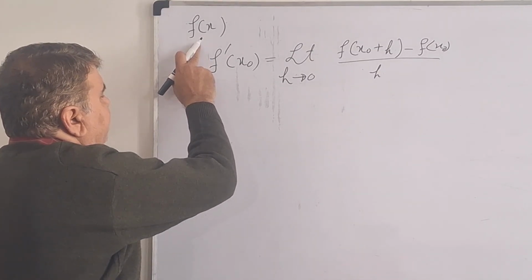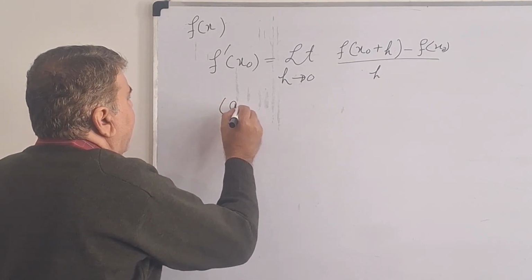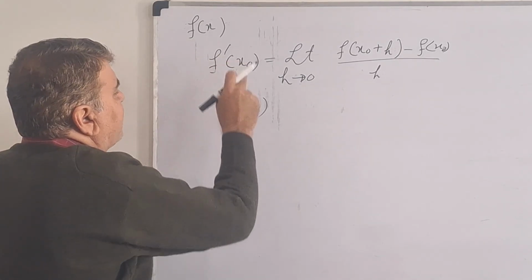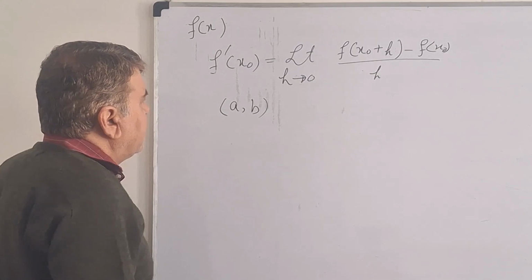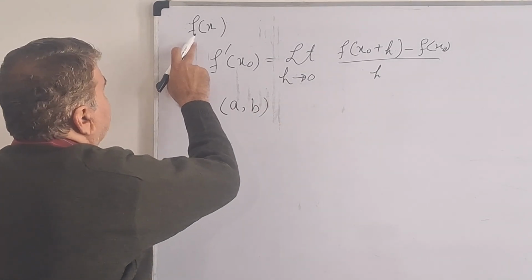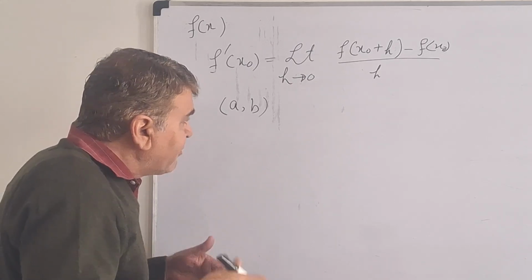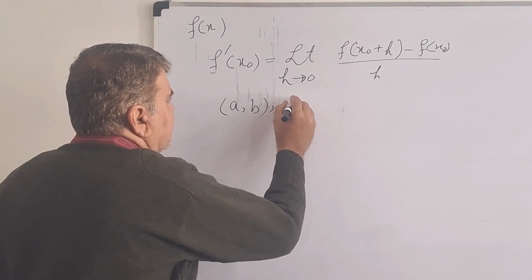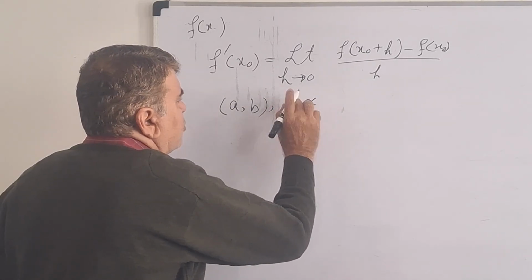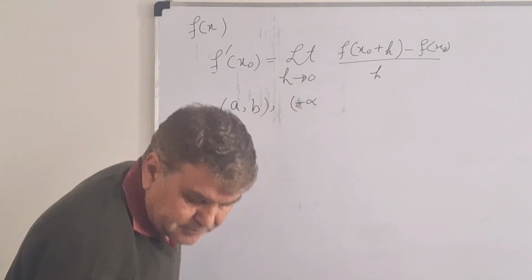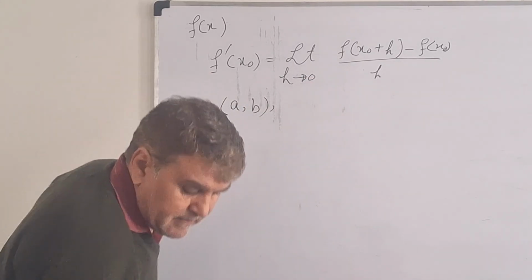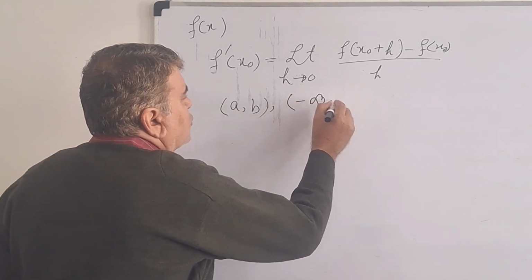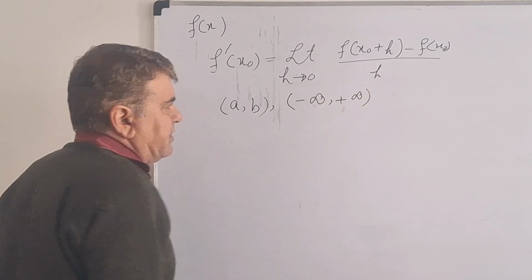f of x is said to be differentiable over an open interval a, b if the derivative f prime exists for every value within this interval. Similarly, f of x is said to be differentiable everywhere if the derivative f prime of x naught exists everywhere, for the open interval minus infinity to plus infinity.